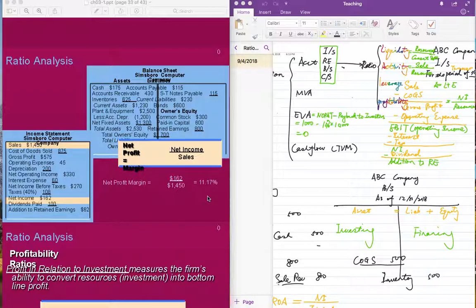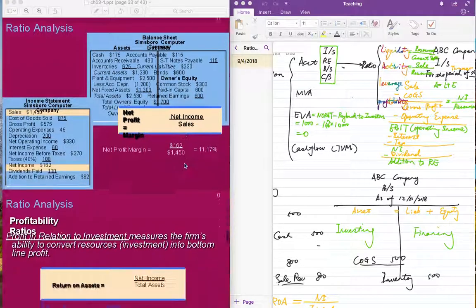Because for retailers, their job is to sell. They have a lot of inventory they need to sell, so they have huge sales numbers in the denominator of this formula. Okay, so retailers tend to have very low net profit margin, so you need to compare with the industry par.